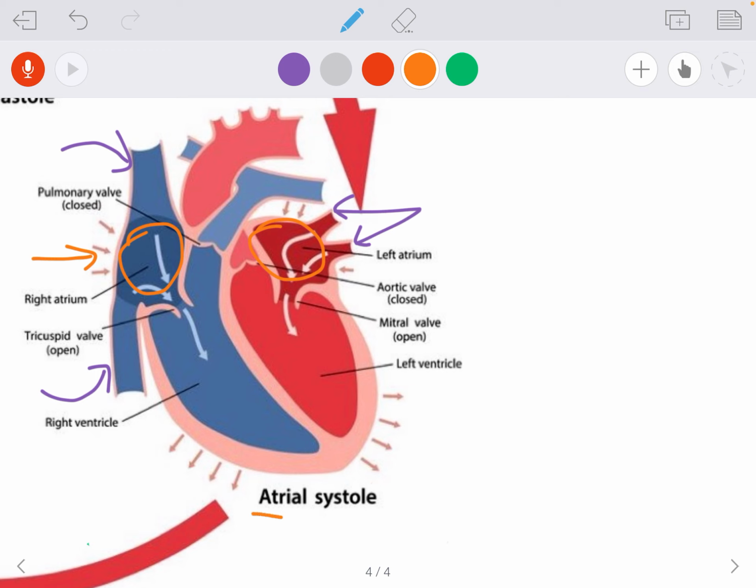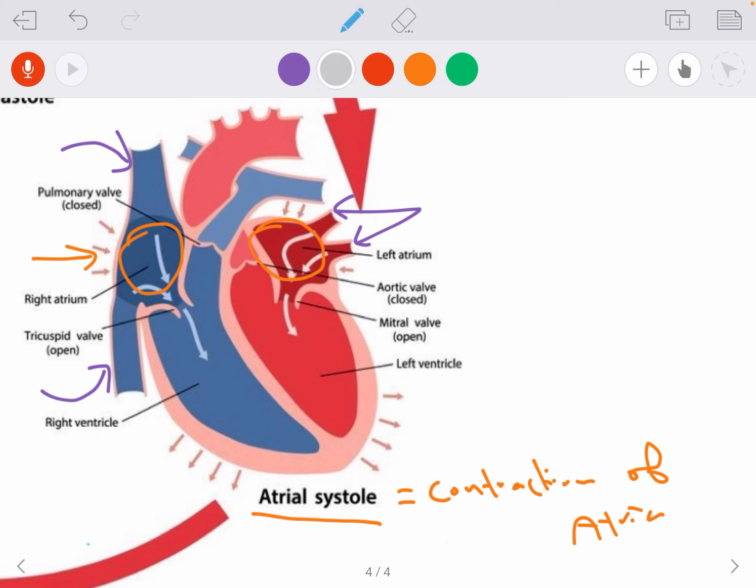So this phase is called atrial systole, which simply means, systole means contraction of both atria. So the two atria will contract. When they contract, they will pump blood toward the ventricles.